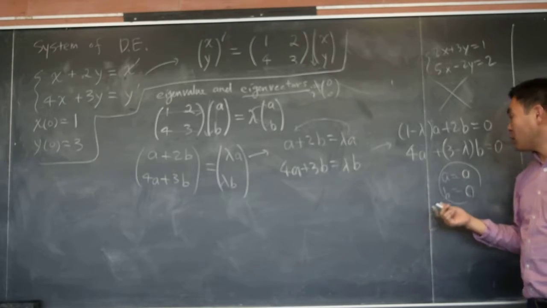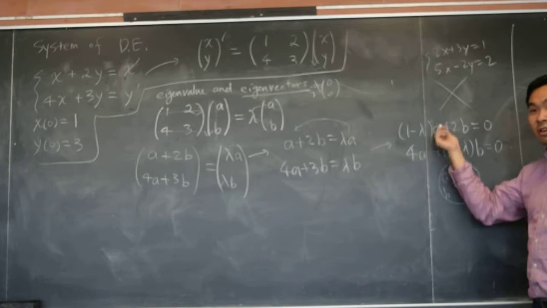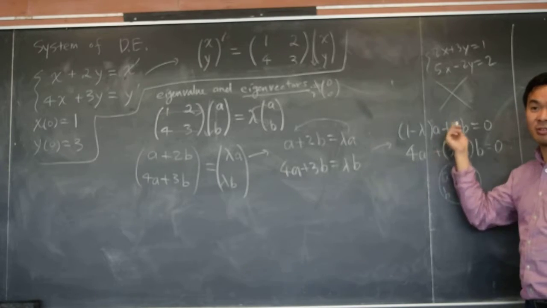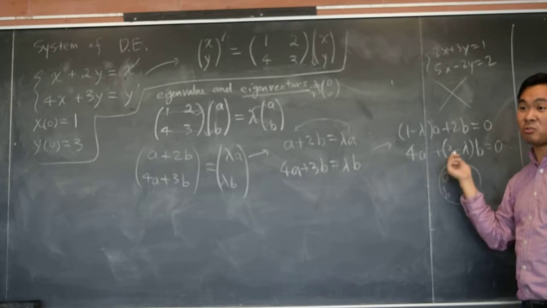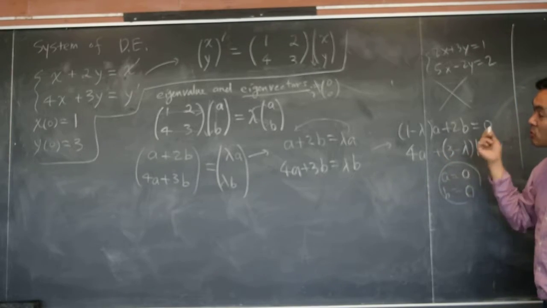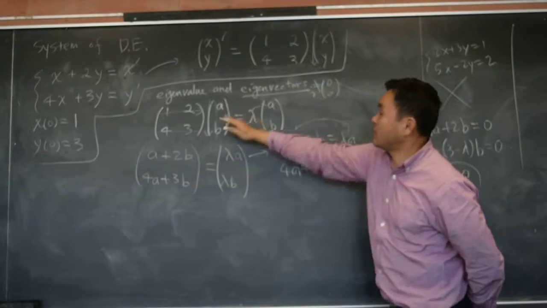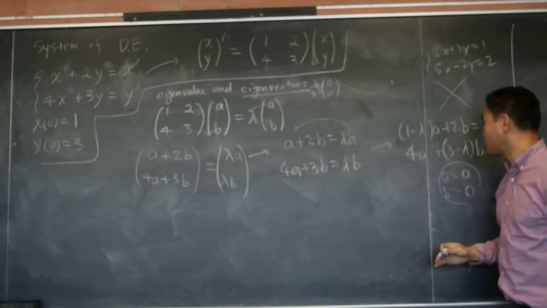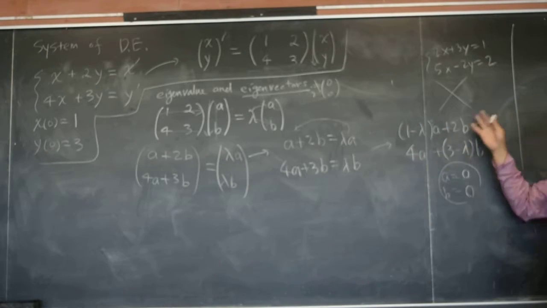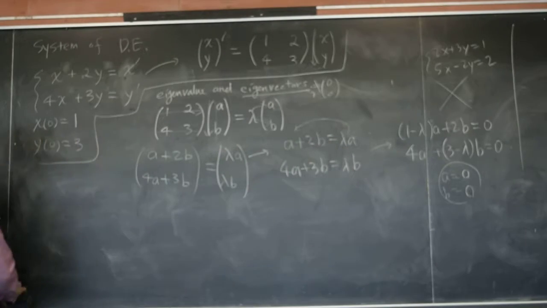Now, to say that you want solutions other than 0, 0 means what? You want infinitely many solutions. So, in order to find an eigenvector that's not 0, 0, satisfying this requirement, it forces us to say that this equation must have infinitely many solutions.